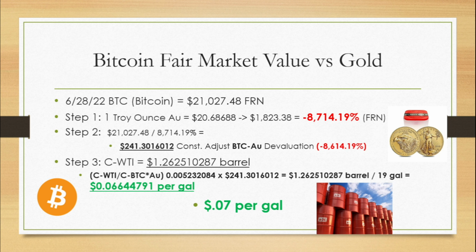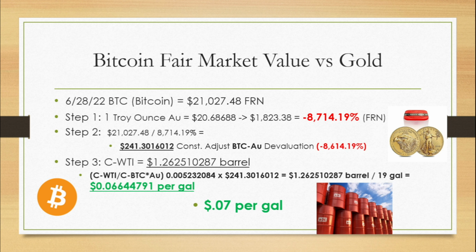And what is that going to leave us with? That number is $241.30. That's right. So I'll say that again. The current inflated Federal Reserve note market value of Bitcoin is $21,027. If this was on a constitutional dollar system, its constitutional adjusted value would be $241.30. Okay?